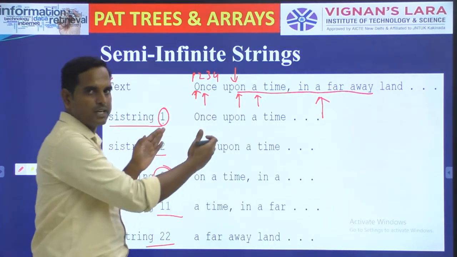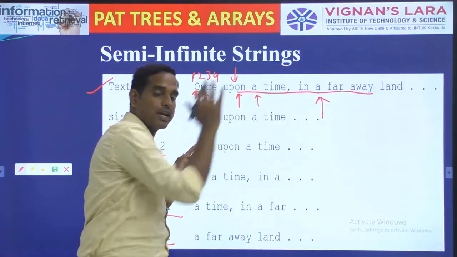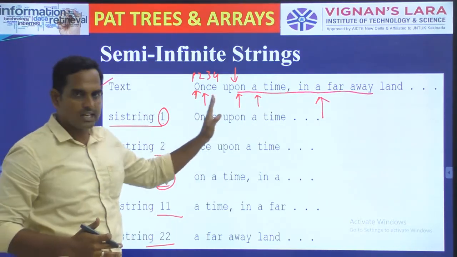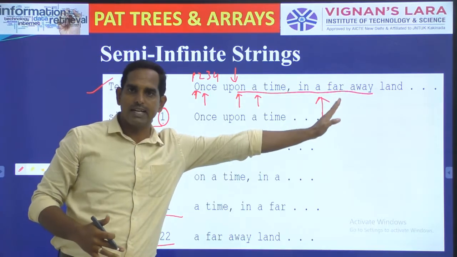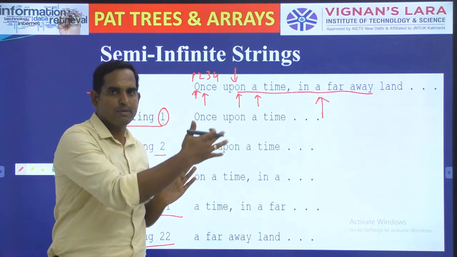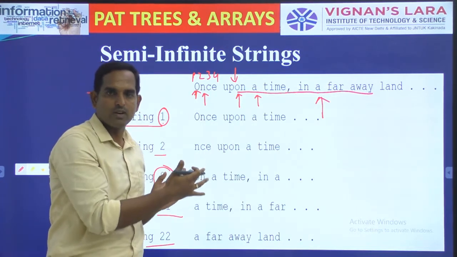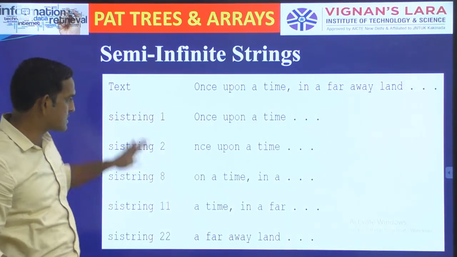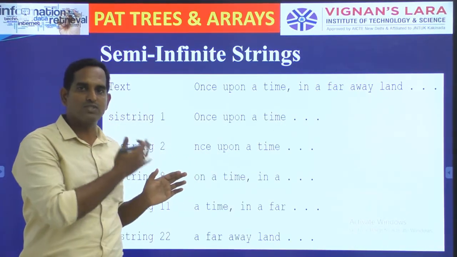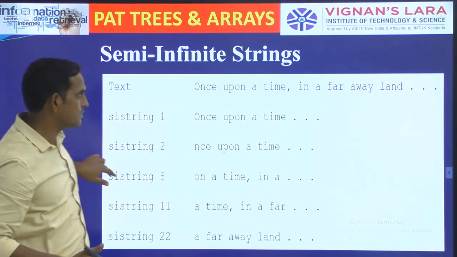It can go to the middle of the string, or to the end of the string until you complete the text. It will be arbitrarily made. So these are the various sistrings you can create for a text, and you can have any number of them.